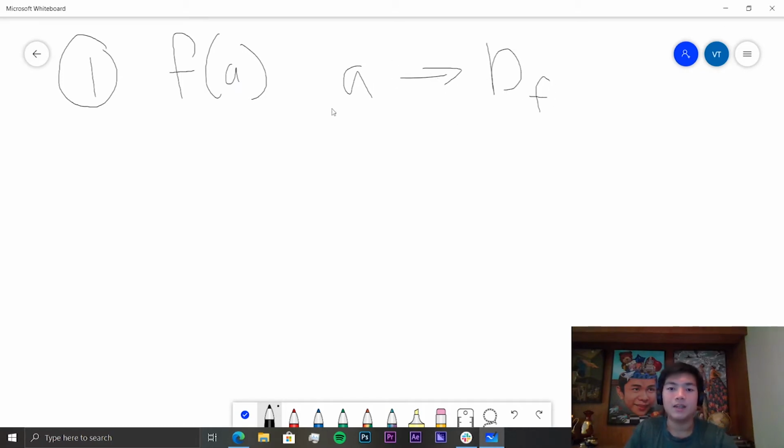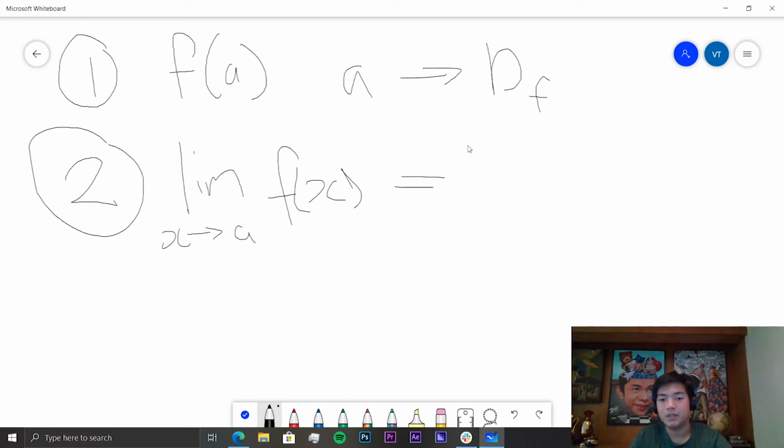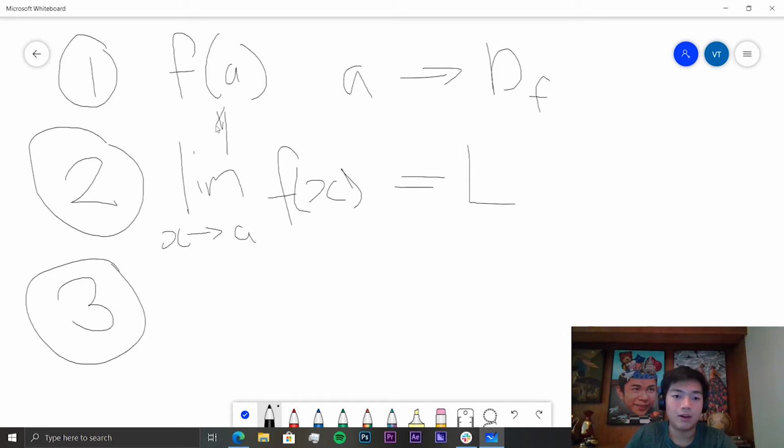That's one condition. The second condition is that the limit of f at a exists and is a real number. So the limit as x approaches a of f of x must exist, and must be equal to some real number L. And finally, the third condition is that these two are equivalent.